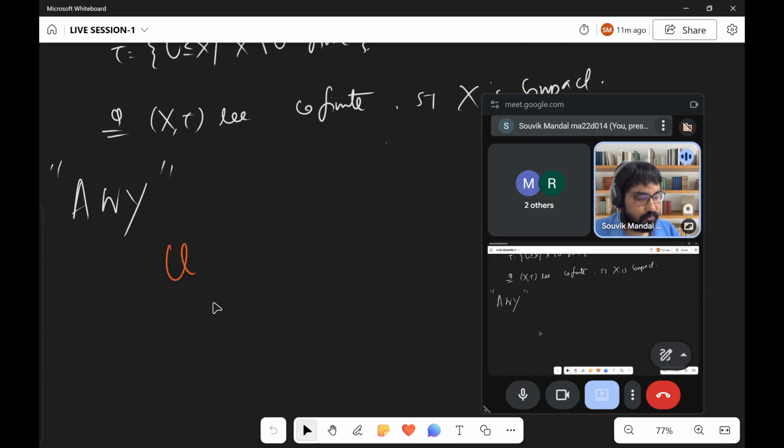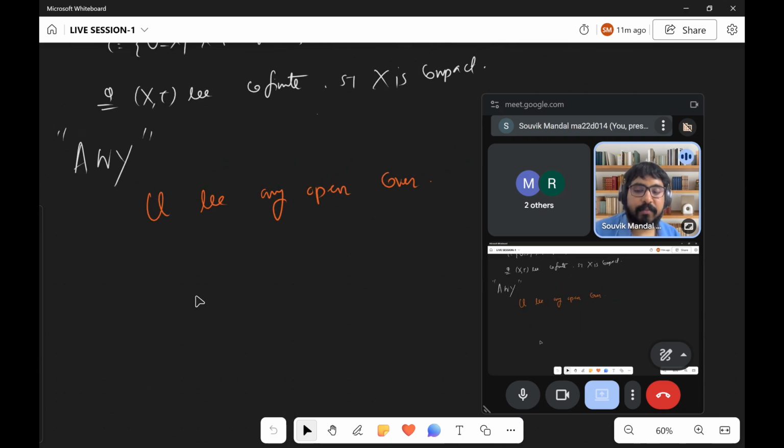So let U be any open cover, okay? We need to show that U admits a finite subcover. That is what we need to show, correct? So the collection U contains elements of the form U alpha for some index alpha.